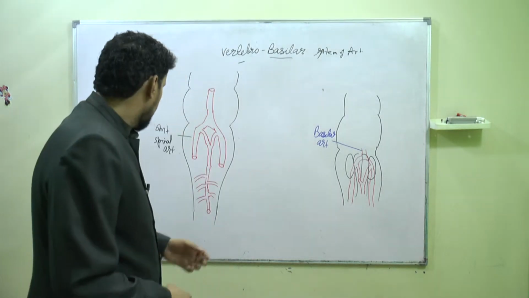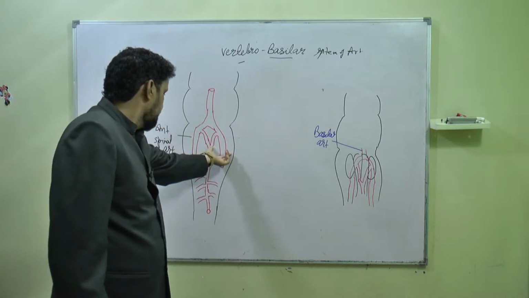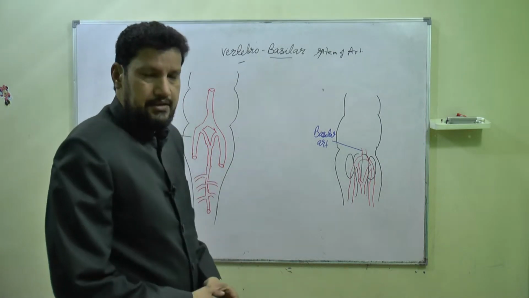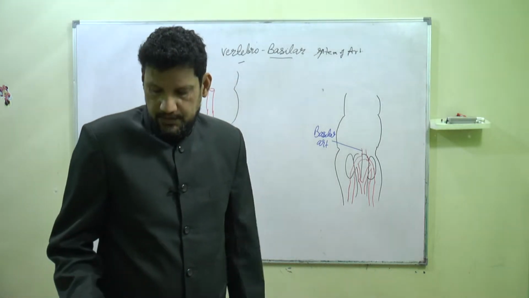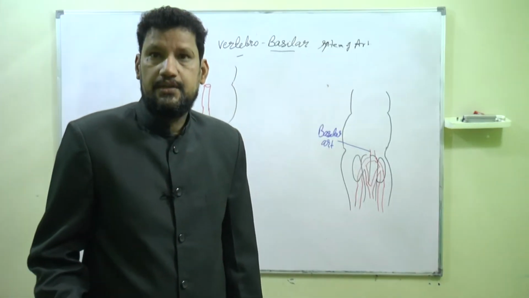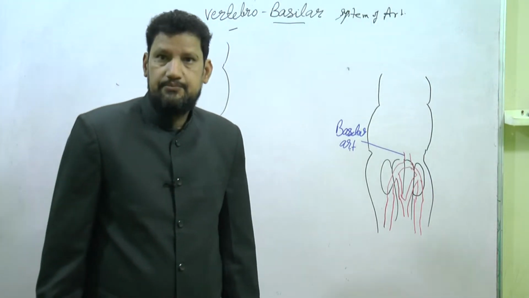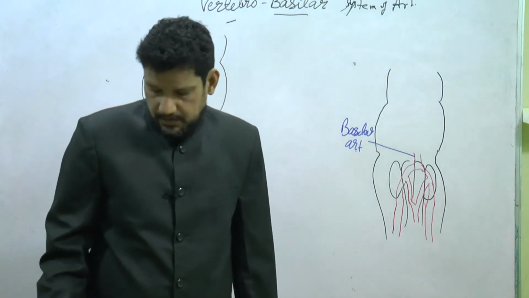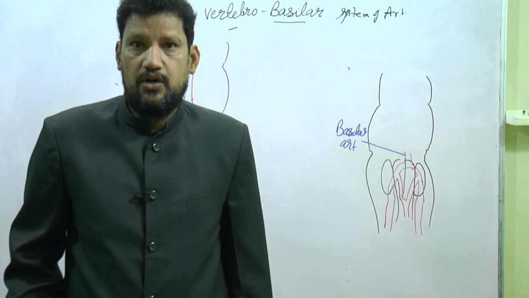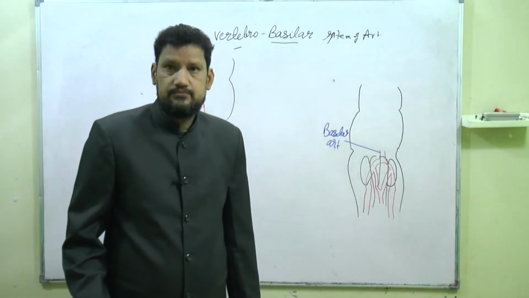The other branch, which is taking origin from the vertebral artery, is a big artery, and it is arising from the lower part of the olive. Olive is a prominence which is seen due to the inferior olivatory nuclear complex in the medulla.